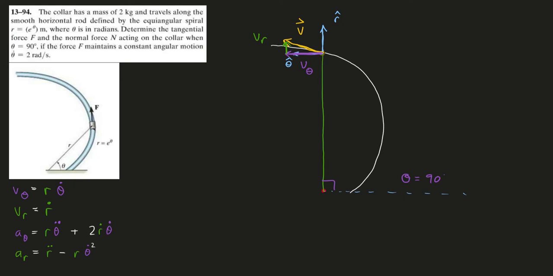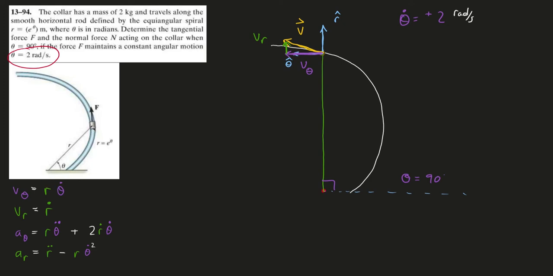Looking at the problem description, they give us the rate of change of theta with time, a positive 2 radians per second. Since we have this force that is driving this motion going that way, I'm sure that these angles are increasing, such that those angles are getting bigger, hence the positive.